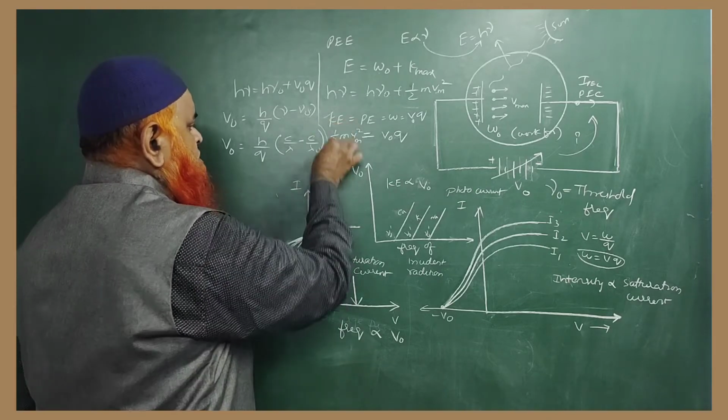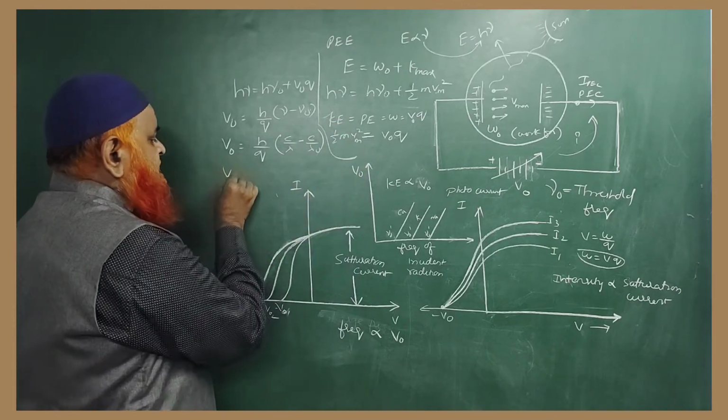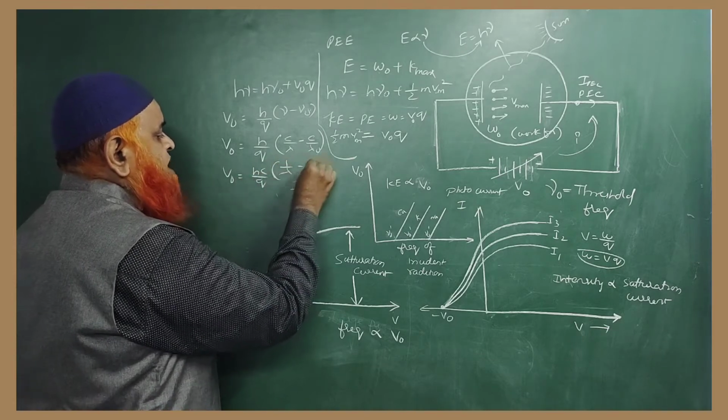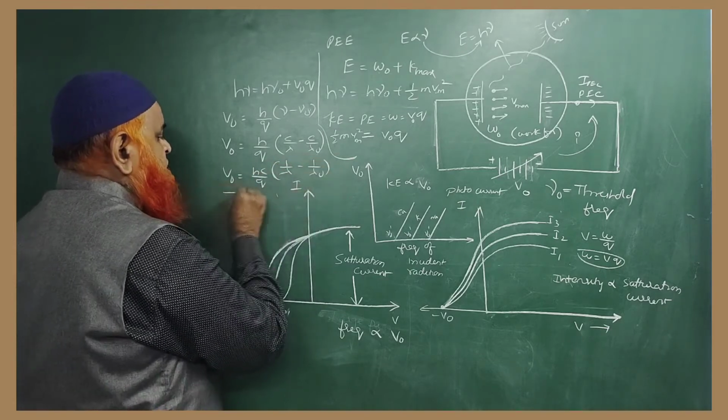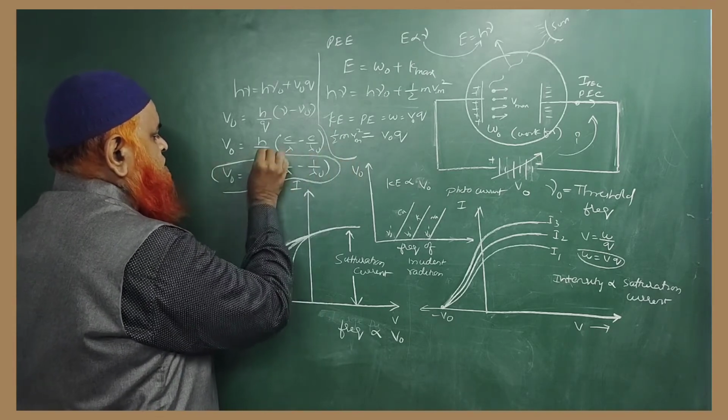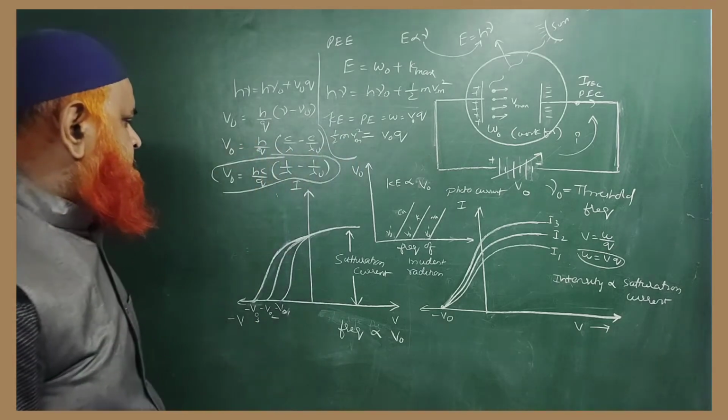Already we have discussed this. Then you can write the stopping potential as hc by Q into 1 by lambda minus 1 by lambda naught. So this is the formula for stopping potential here.